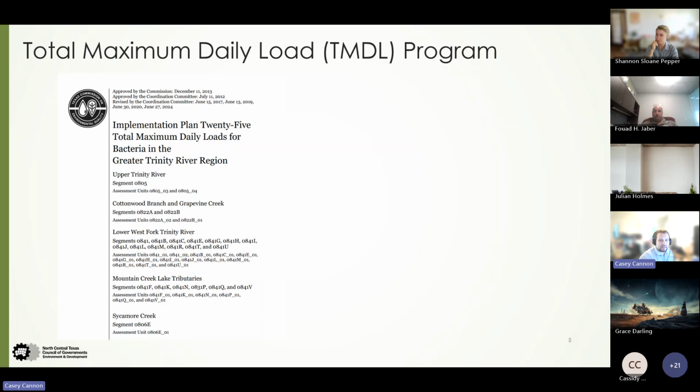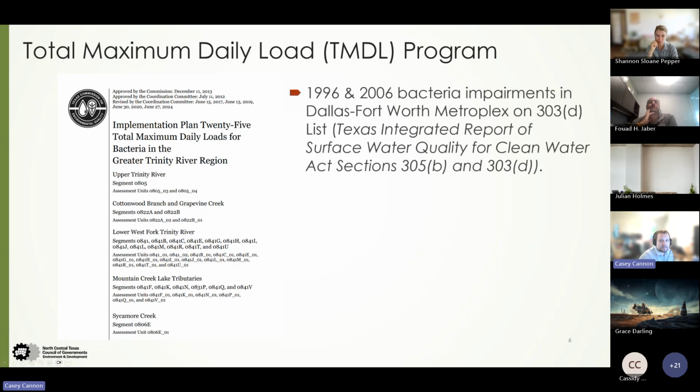We administer the TMDL implementation plan, or I-plan, for this Greater Trinity River region. You can see on the slide here the cover page for our TMDL I-plan and some of the associated impaired segments. And some more background on this. In 1996, the first bacteria impairments in our region were listed on the 303D list, which is now the Texas Integrated Report, Surface Water Quality for Clean Water Act, sections 305B and 303D.